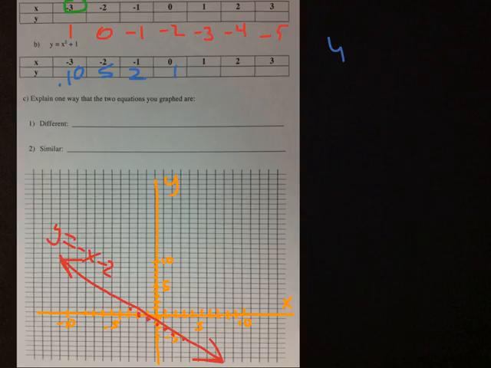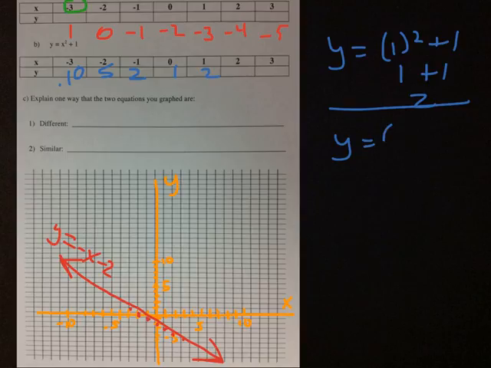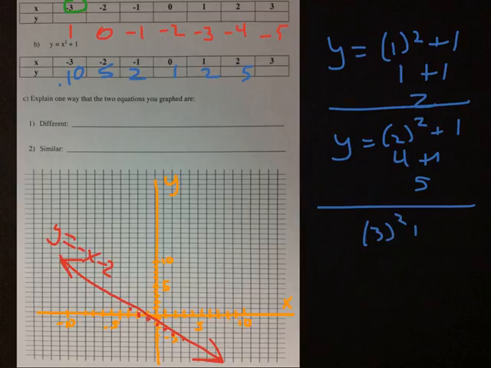And then y equals 1 squared plus 1, so that's 1 plus 1, which is 2. When x is 2, that's 2 times 2 plus 1, so that's 4 plus 1, which is 5. And you notice that the y values start to repeat, and that's good. Alright, then I've got 3 squared plus 1. 3 times 3 is 9, plus 1 is 10.